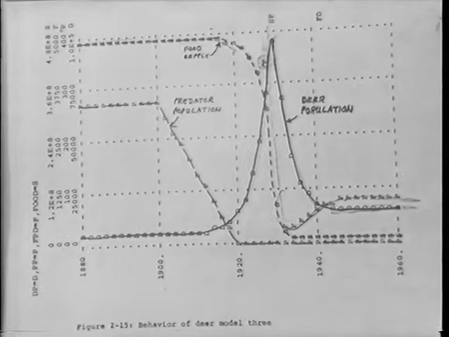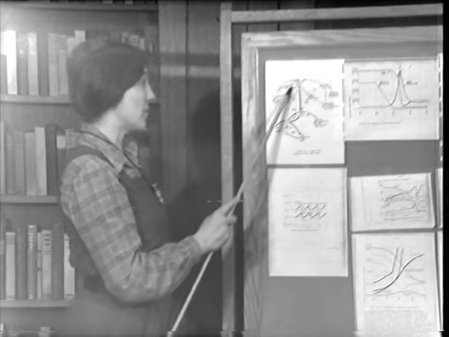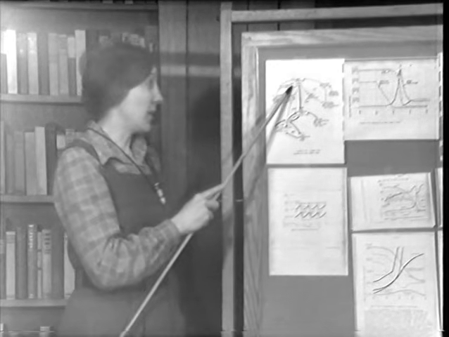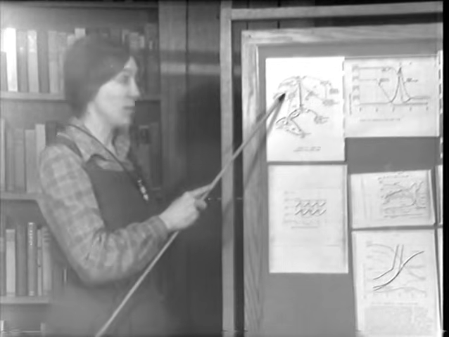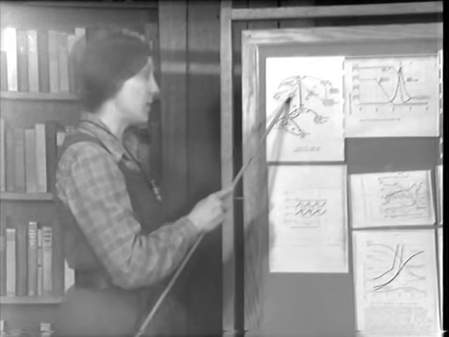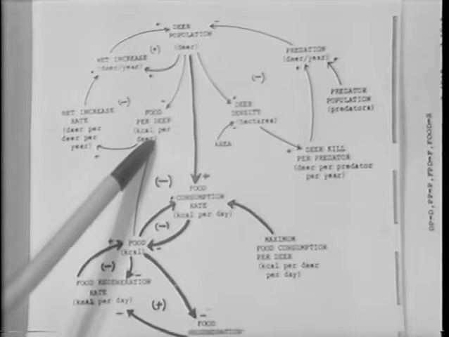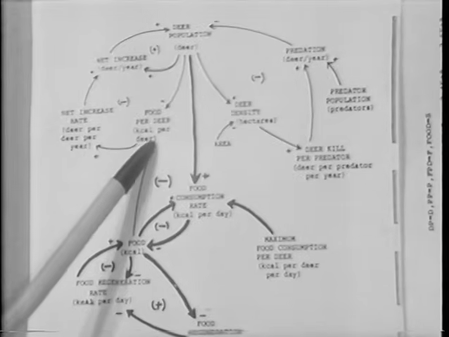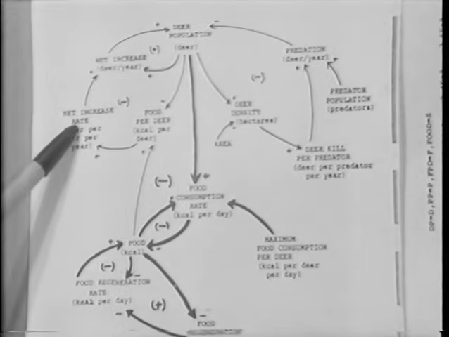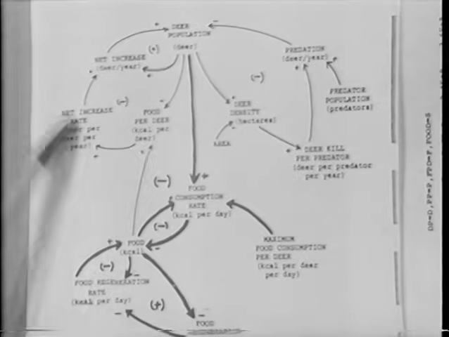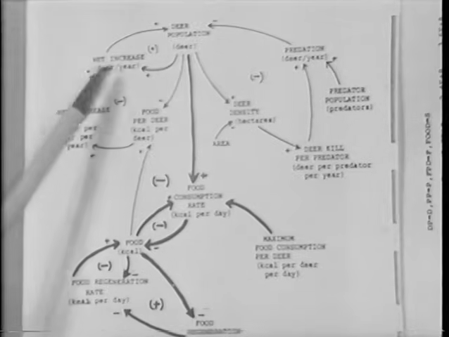There's only one thing that can, at this point in the system, interrupt that positive feedback loop. And that's the negative feedback loop that goes through food per deer and the net increase rate. That is, if the deer population gets high enough, food per deer becomes lower and lower and lower, the net increase rate is finally affected. The food is no longer in excess. And so the net increase rate starts coming down.